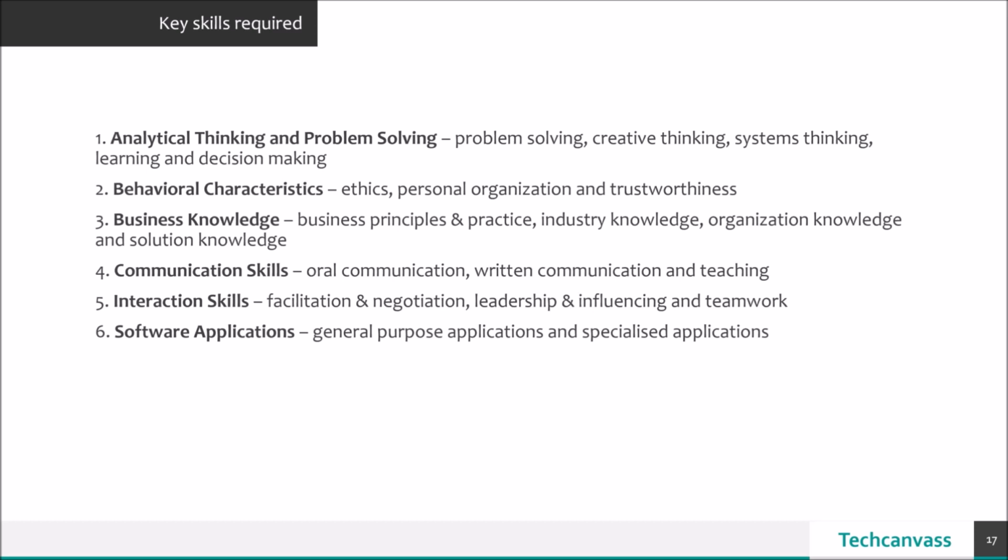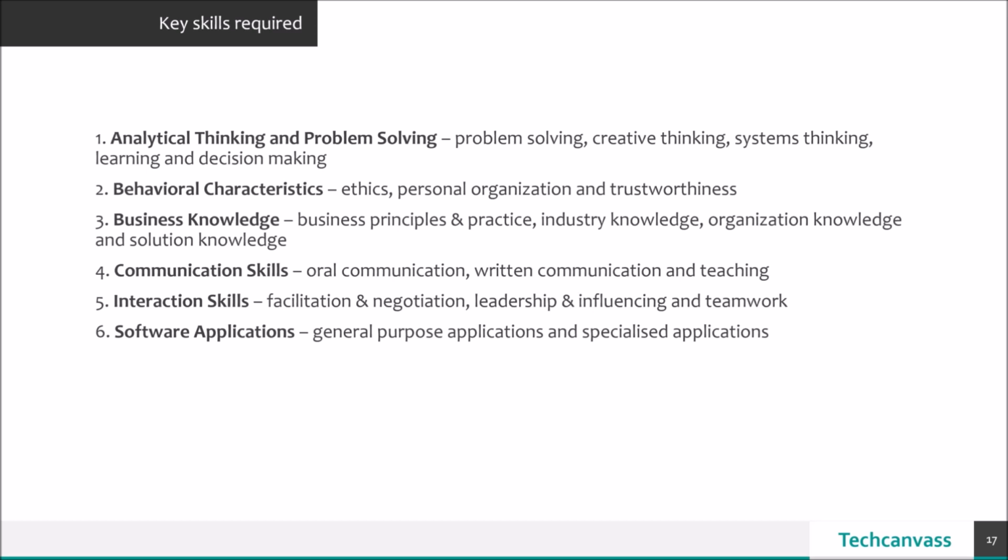There are also some behavioral characteristics which are required: personal organization, how trustworthy you are, how easy to approach you are, and how quick you are in building a rapport with your business users. What kind of business knowledge you have or are willing to gain as well.